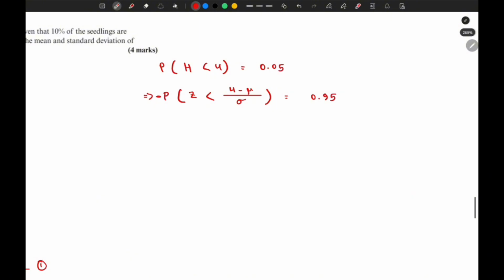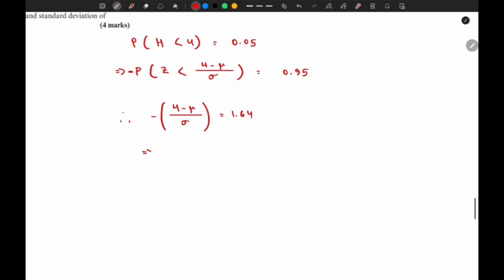So (4 minus mean) over the standard deviation is equal to 1.64. Now, since there's a negative sign at the front, there will be a negative sign in front of the value of z. So from this, we can have an equation that looks like this: mu minus 1.64 standard deviation is equal to 4. So this is our second equation.